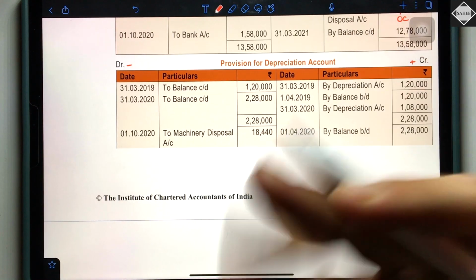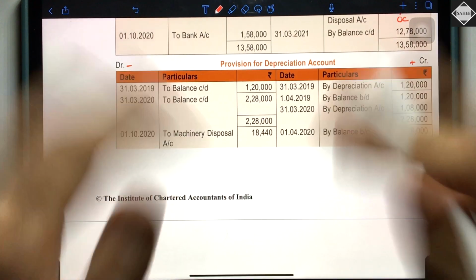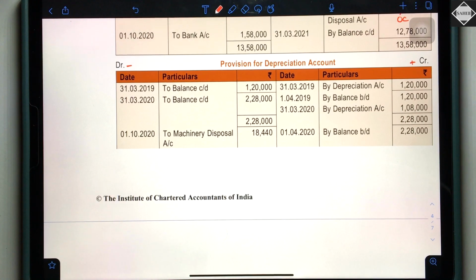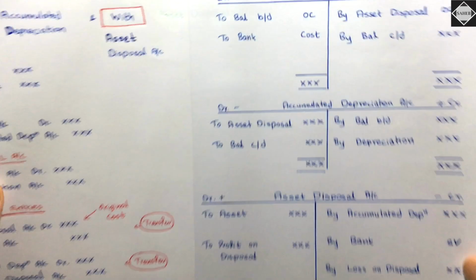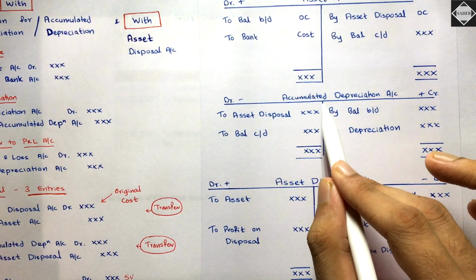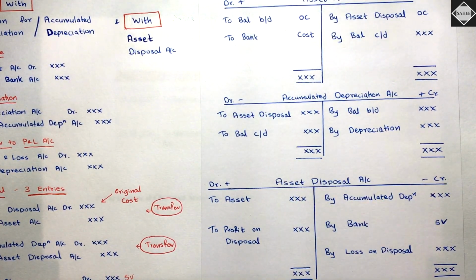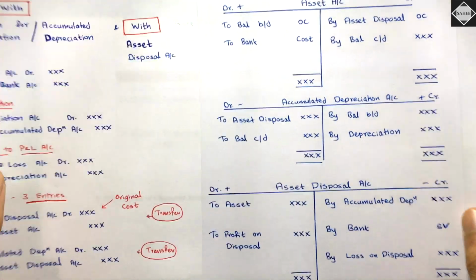You are de-recognizing, you are eliminating the provision, you are eliminating the accumulated depreciation. So to machinery disposal account, 18,440. I told you now what will happen in accumulated depreciation account. Here asset disposal will come. What is the amount? Amount is the total depreciation you have charged on that asset till the date of sale. That's what it means, accumulated depreciation up to the date of sale.